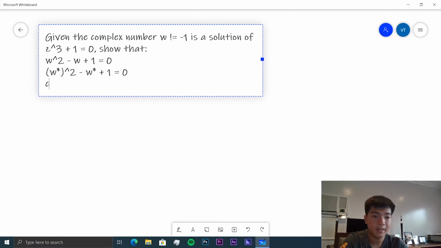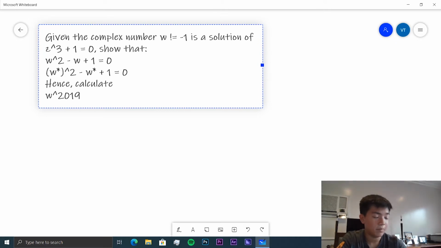And finally, hence calculate omega to the 2019 plus omega to the 2020 minus omega to the 2021 plus omega to the 2022.